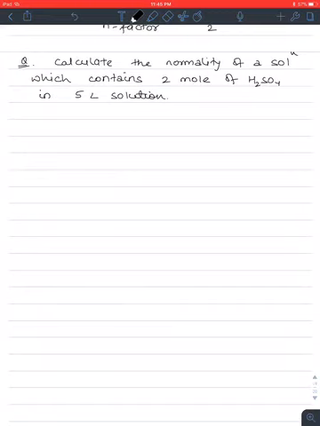What will be the normality of a solution which contains 2 moles of H2SO4 in 5 liter solution?